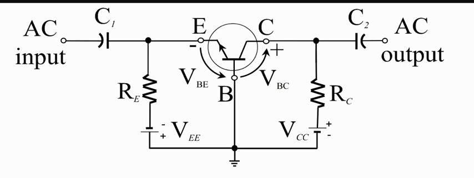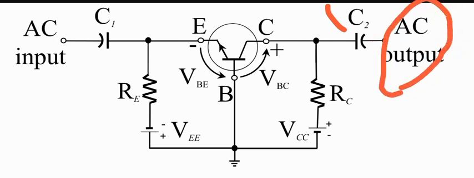Now this capacitor C2 is again there to filter out any DC component from the alternating signal, and it presents an AC output at this node. So we have seen that this is a common emitter NPN BJT operating as an amplifier.